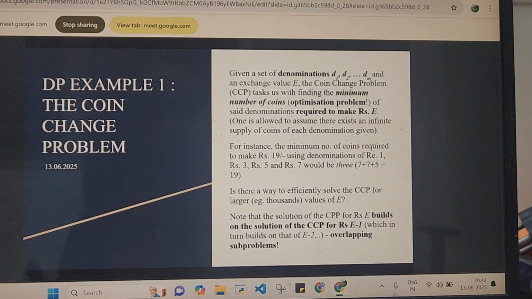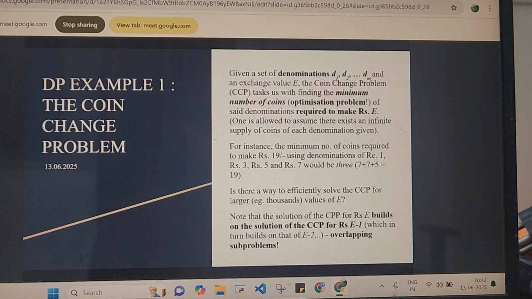It uses that smaller solution, performs some comparison, some operation, and then arrives at the final solution for the bigger problem. In that actual operation, the smaller solution may or may not be used, but it comes handy for your comparison purposes. That is what I mean by overlapping subproblems.